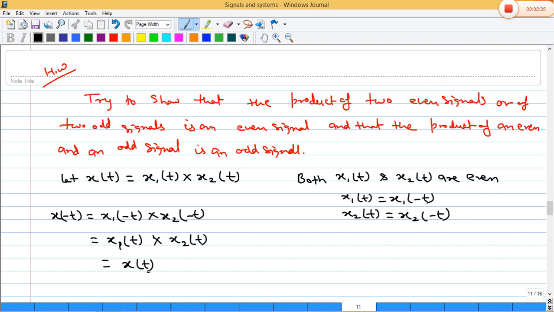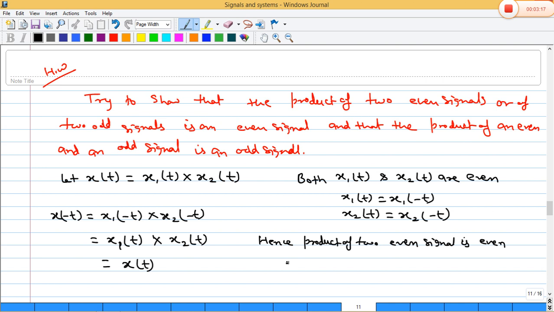So, hence, the product of two even signals is even.